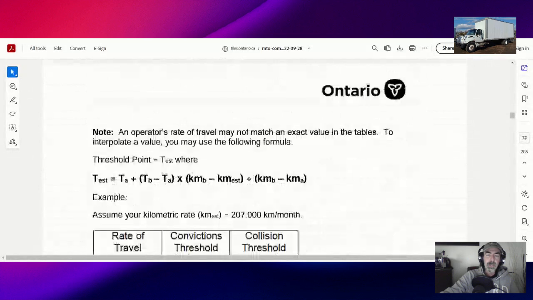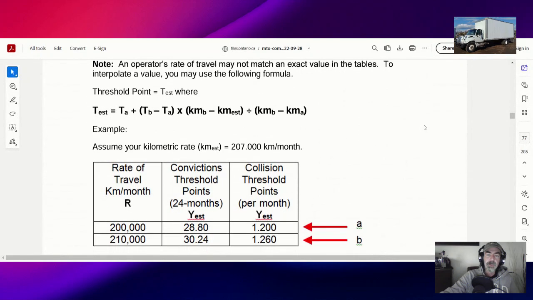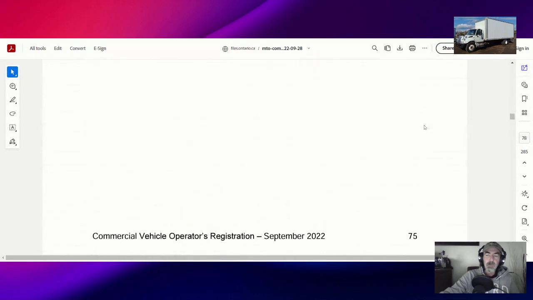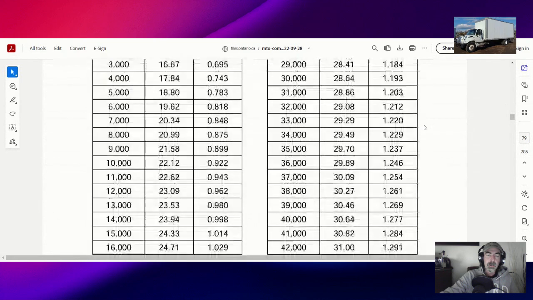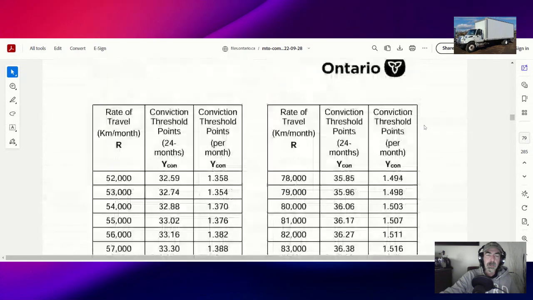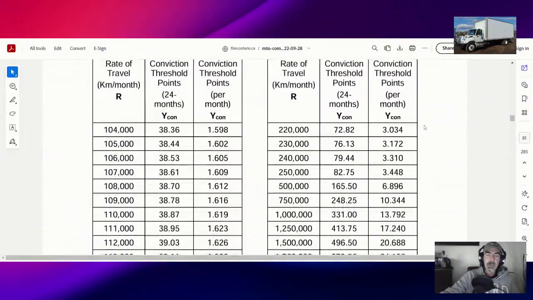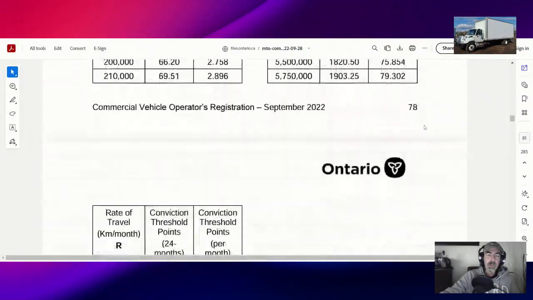Note, an operator's rate of travel may not match an exact value in the tables. To interpolate a value, you may use the following formula. Conviction threshold points.